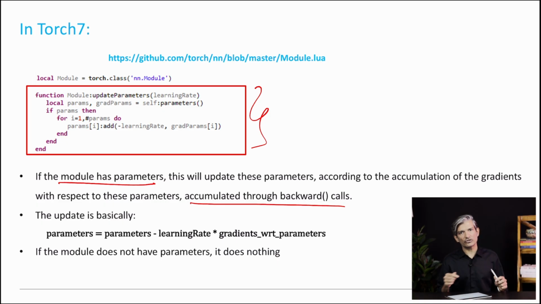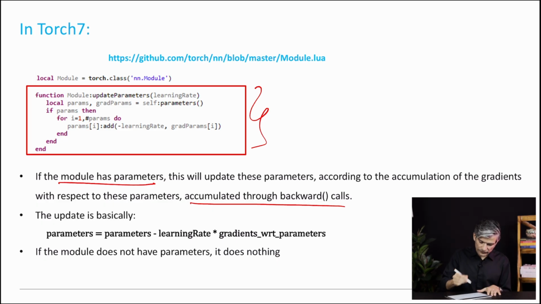So one thing I must mention is when you call backward, it doesn't automatically update the weights. You can keep calling backward multiple times and it will keep accumulating the gradients. It will keep adding to the gradients. And then you need to call this update parameters to explicitly update the weights. And this is why we also have that zero parameter gradients, right? Because we keep on accumulating, and that is why we also need to zero it out.